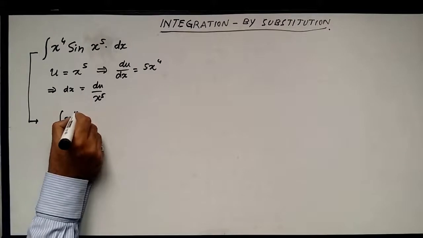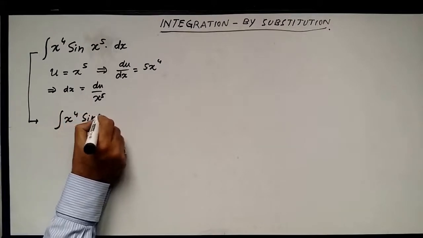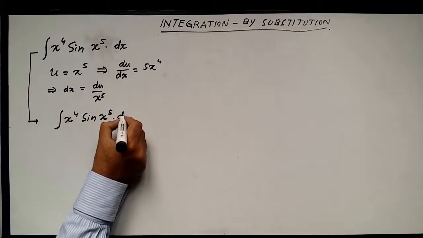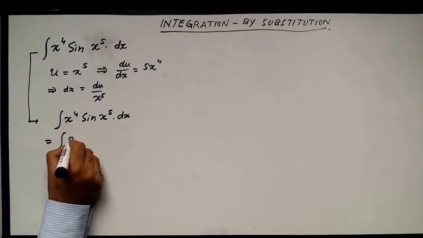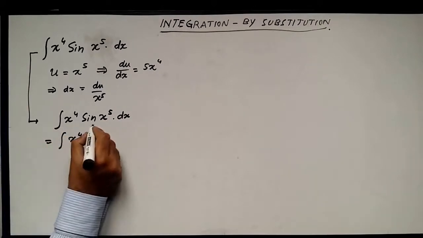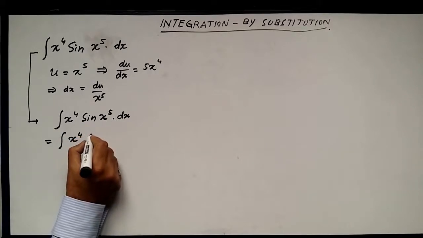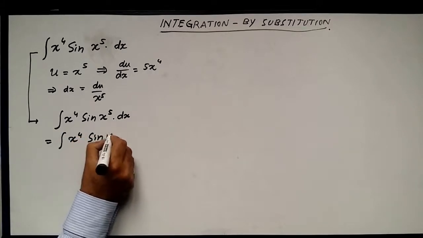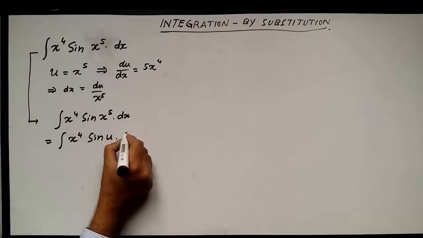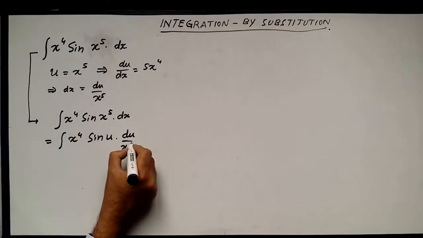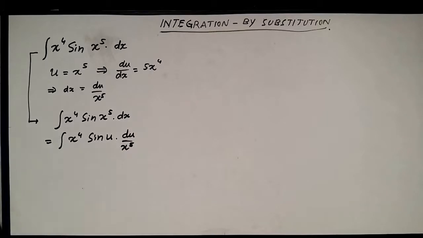Integration of x to the power 4 sine of x to the power 5 dx is equal to integration of x to the power 4, and sine of x to the power 5 becomes sine u. Okay, and dx is replaced by du by 5x to the power 4.